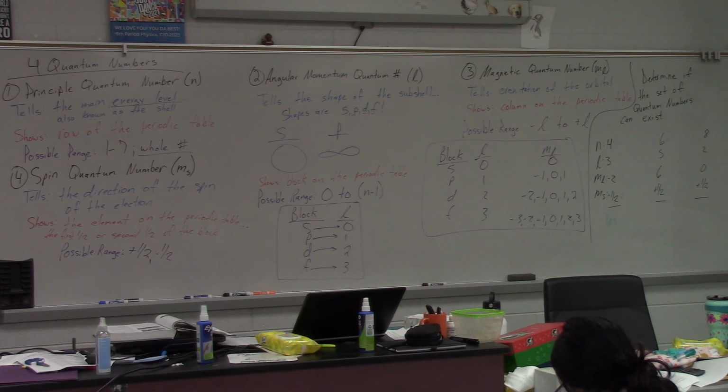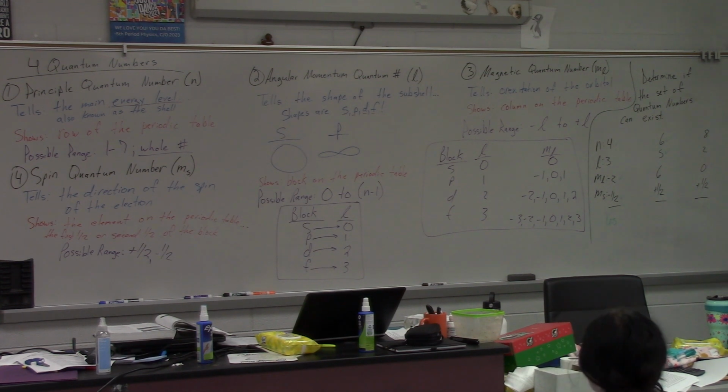Because L goes from 0 to n minus 1, and n is 6, so 6 minus 1 is 5. Now, M sub L is 6. Can it be 6? No. Why? Because it's negative L to positive L. n is not L.